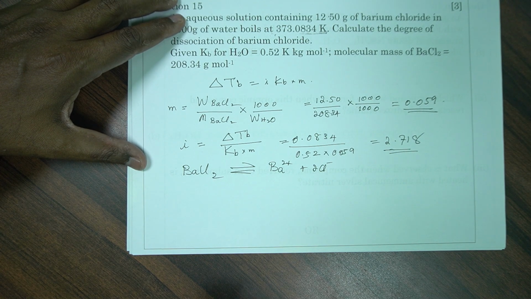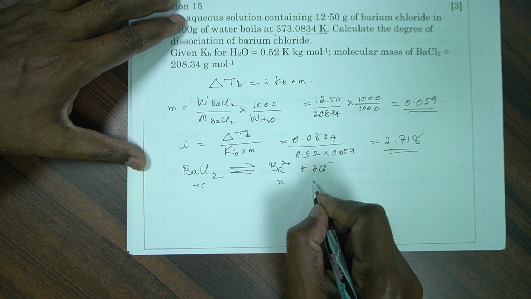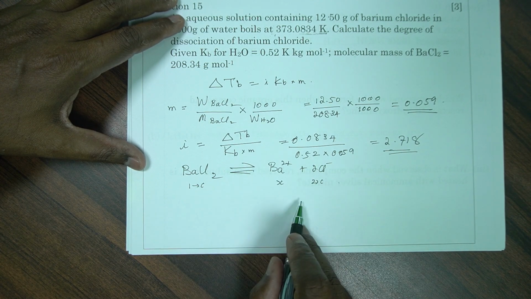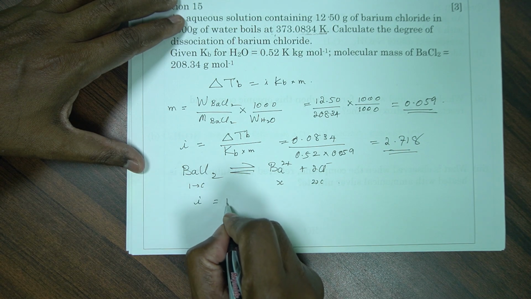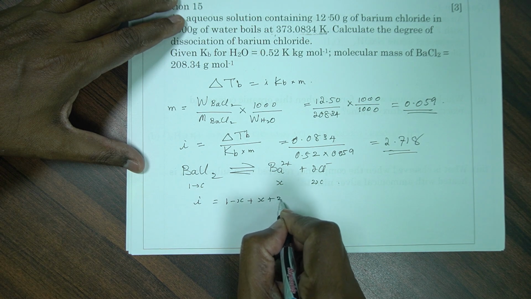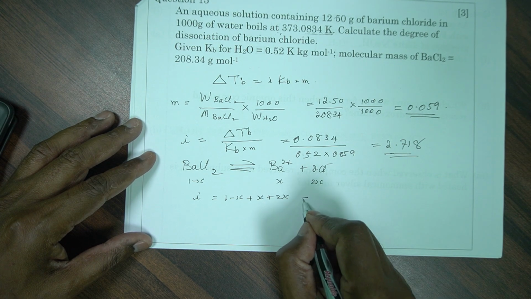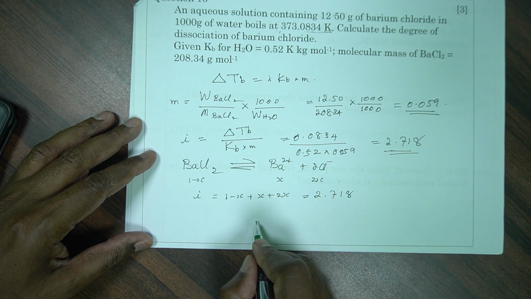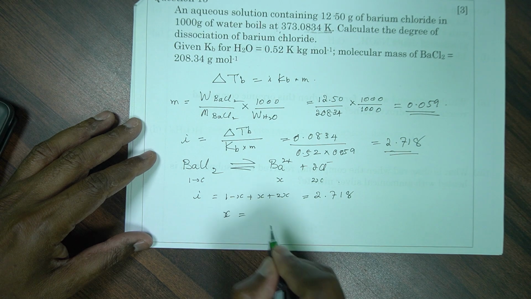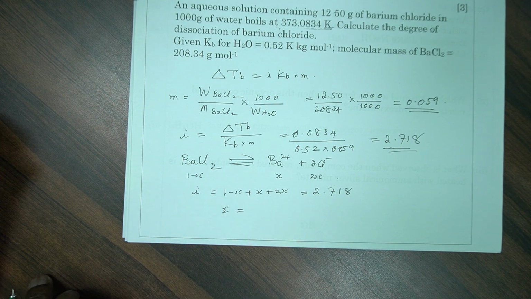Now let us see barium chloride, BaCl2 dissociates as Ba2+ plus 2Cl-. Okay, so we can put the value of this as 1 minus x here, and this will be x and this will be 2x, because of dissociation. So i is equal to 1 minus x plus x plus 2x, the total moles, that's equal to 2.718. So this becomes 1 plus 2x.